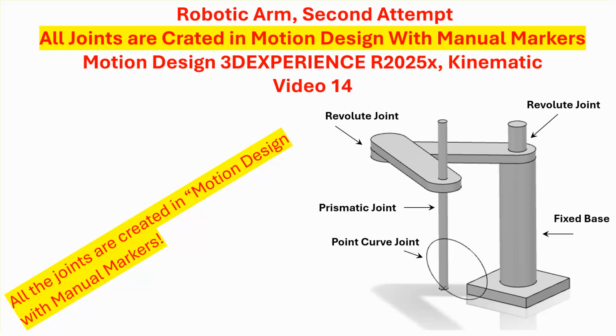Generally speaking, when you make an assembly and you go to motion design, markers are automatically created at the origin of the part, okay? But these are not necessarily useful to create joints. So you have to create your markers manually so that they can be put together and they become a joint in the motion design.